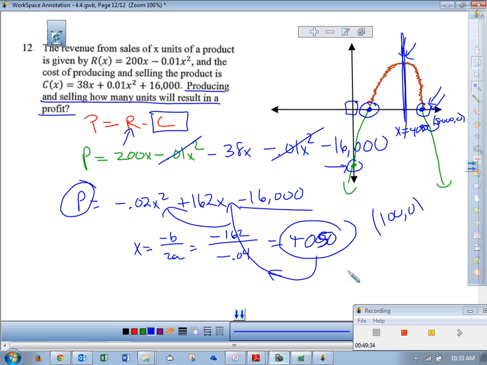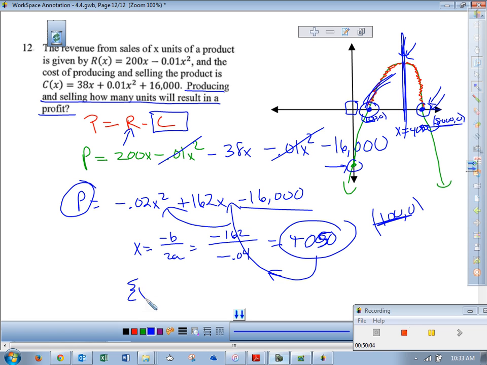So in interval notation, we've got to interpret this. How many units would they have to produce in order to make a profit? If they were at 100, 0, they wouldn't make a profit. When they made 100 pairs of shoes, or whatever we're talking about, they broke even. What would they have to do? Make more than 100 pairs of shoes, but at the same time less than 8,000.